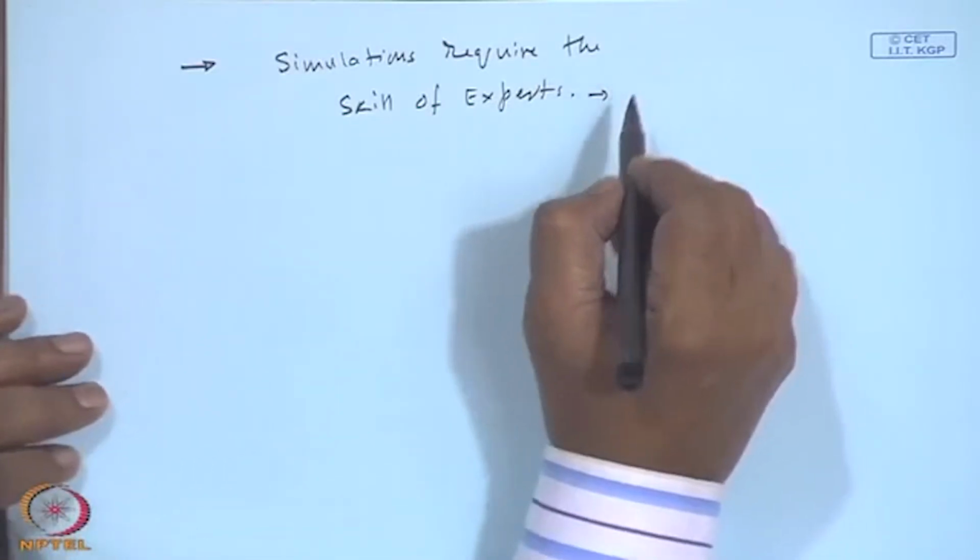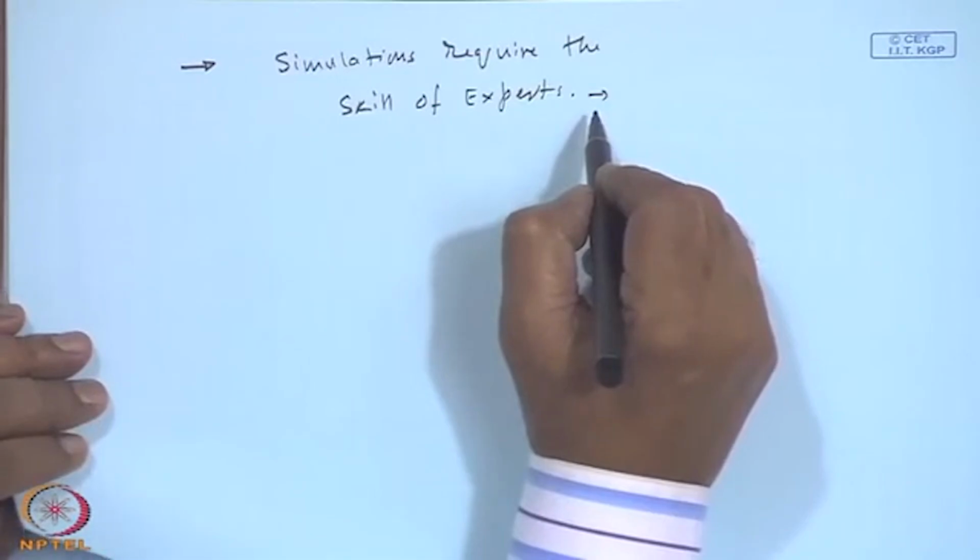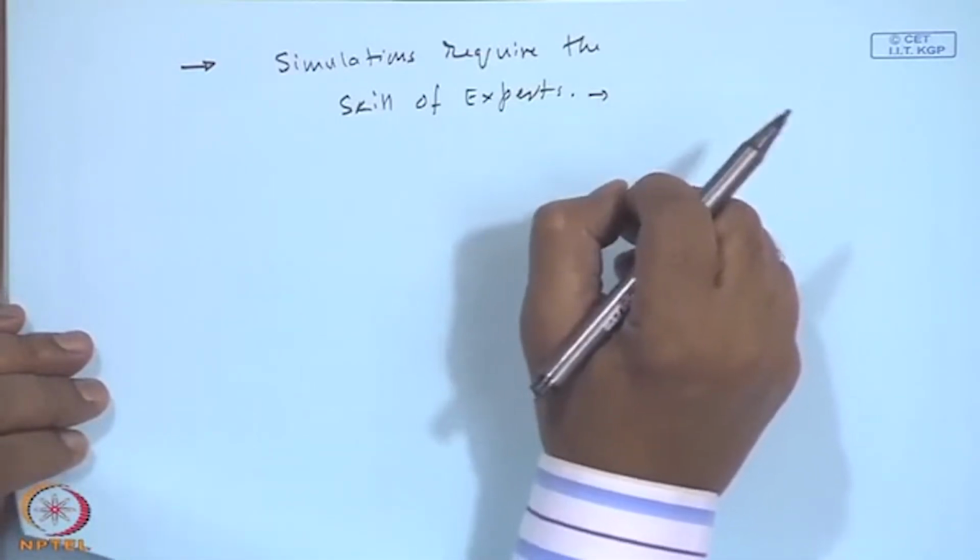So, this is going to be a little expensive. If a system is to be simulated and you hire a consultant, you have to pay for him, and if that is going to be a significant portion of the system cost, then one has to think about simulations, and it cannot be done routinely by the industry.